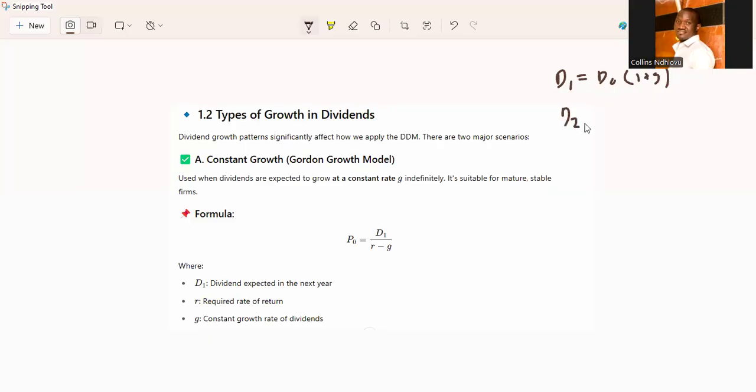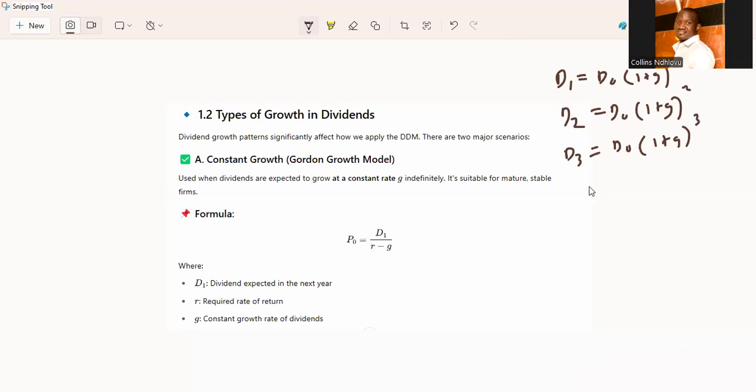D2 can be calculated as D0 (1 plus g) to the power 2. The difference in the years is 2 minus 0. D3 is what? D0 (1 plus g) to the power what? 3. The difference in years is here.